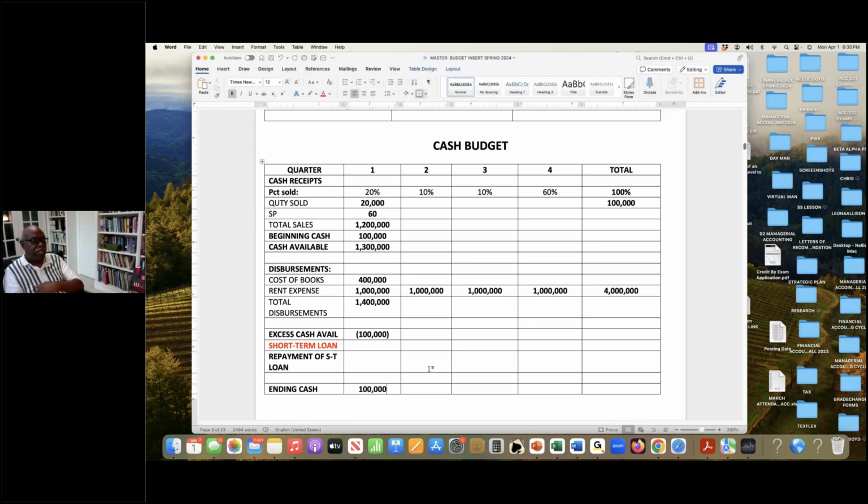We're short 100, and we need 100 in the ending balance, so we might have to borrow 200,000. If we've made plans for this ahead of time, that's fine, but if not, this is why you prepare this budget.